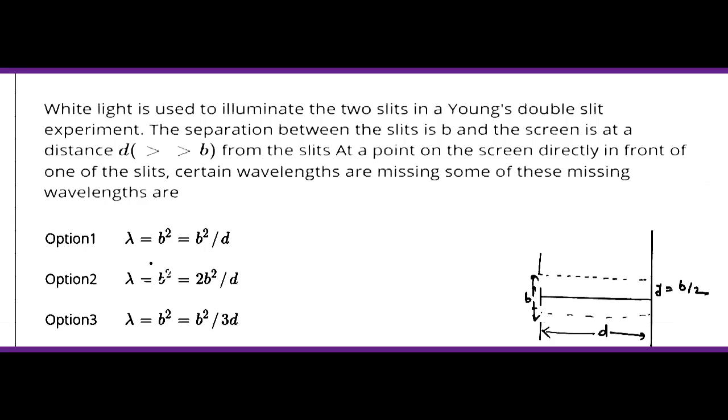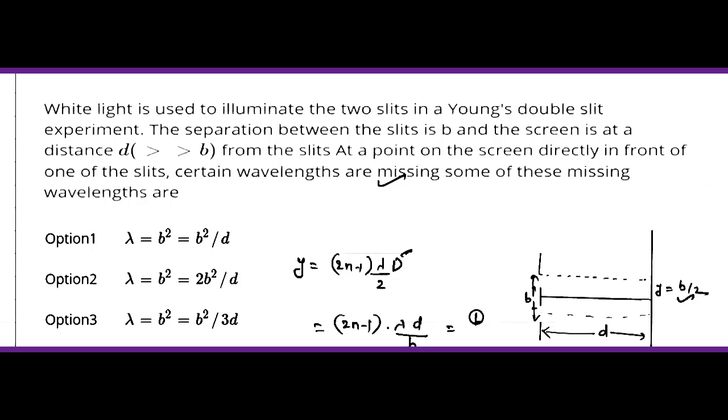Now we have to find the wavelengths that are missing here. We know that for the dark fringes, y is given by y equals (2n minus 1) lambda D divided by 2d, and here the distance is b, and it is given that y is equal to b by 2.